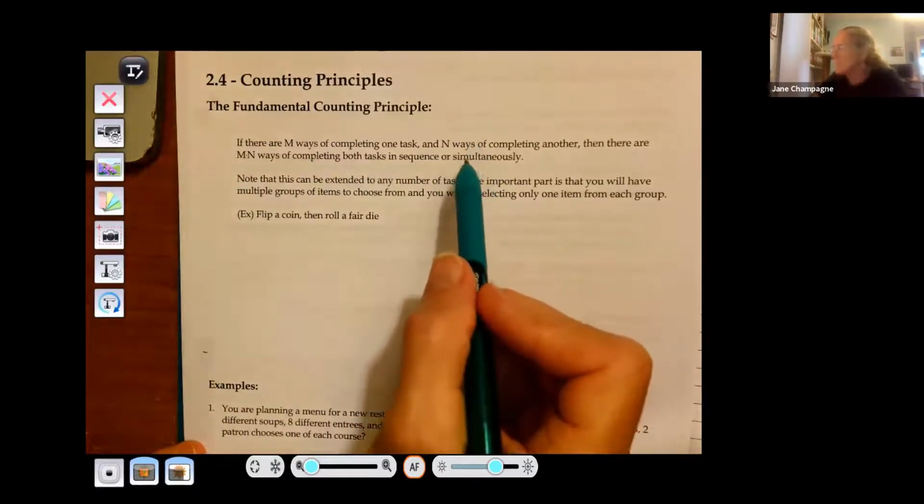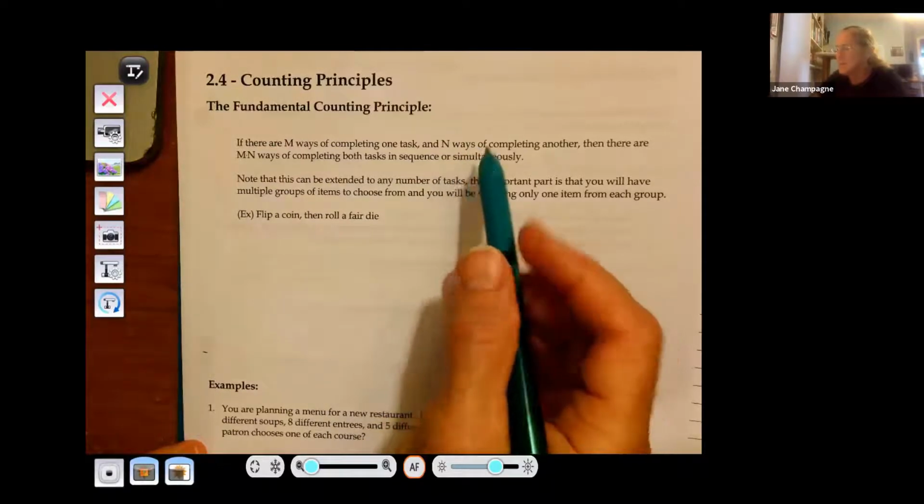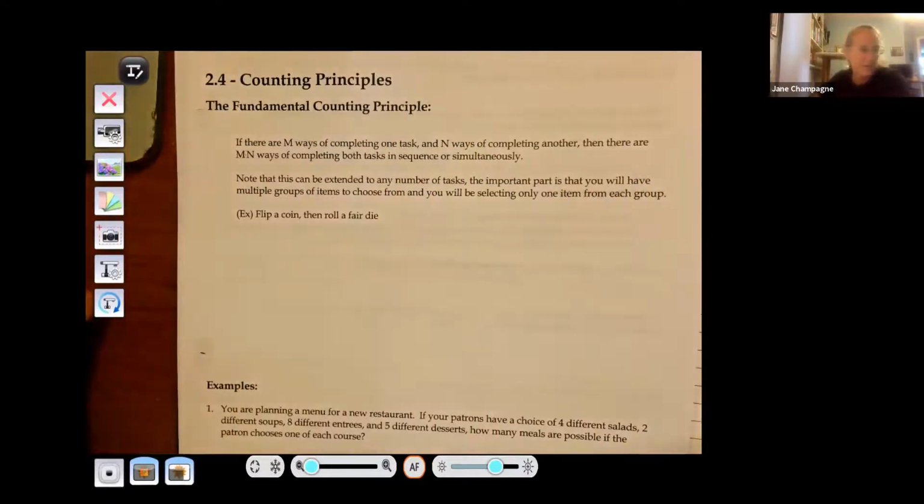And we actually have seen this in the experiment that we looked at last time of tossing a coin 3 times. Let me pull that out and remind you how that worked. And we looked at a tree diagram that showed that there were 8 possible sequences.